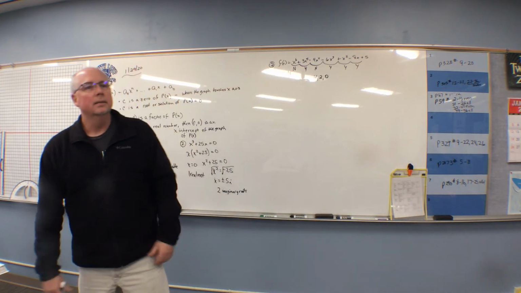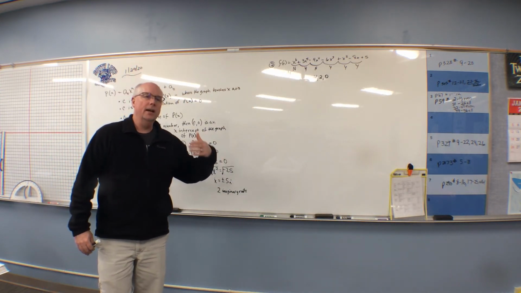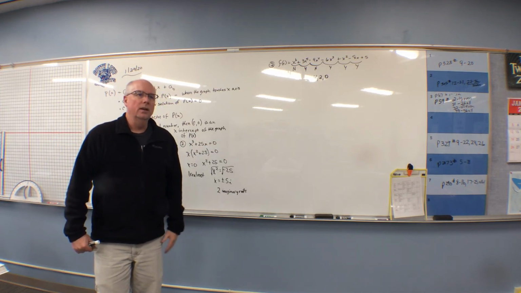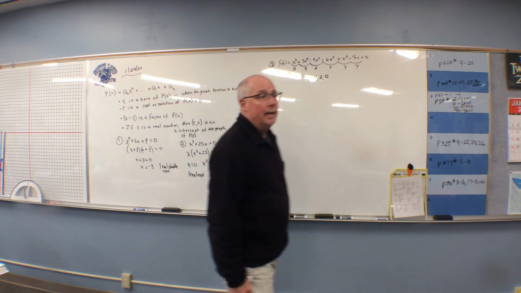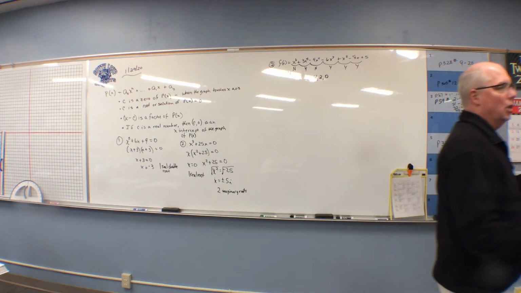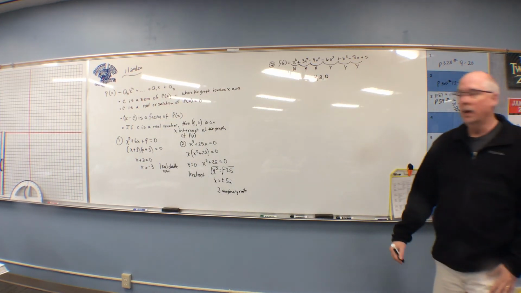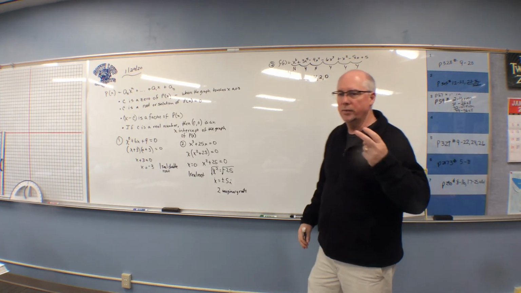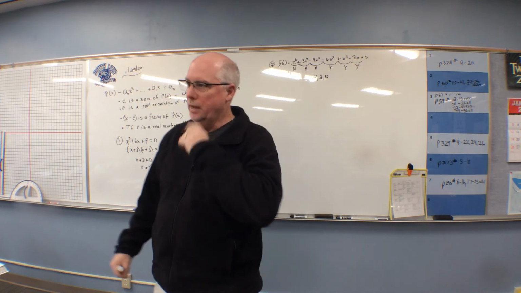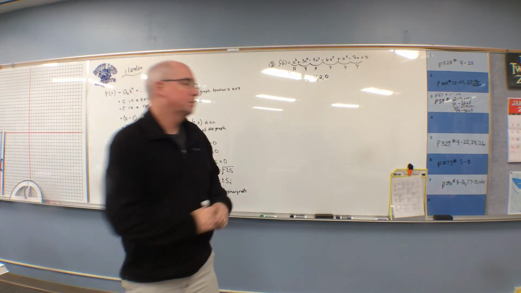You go an even difference down. If it's an odd number, it's odd numbers all the way down to 1. If it's an even number, it's even numbers all the way down to 0. So we either have 4 positive roots, 2 positive roots, or 0 positive roots.